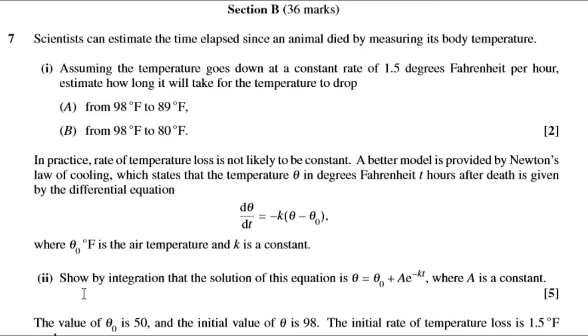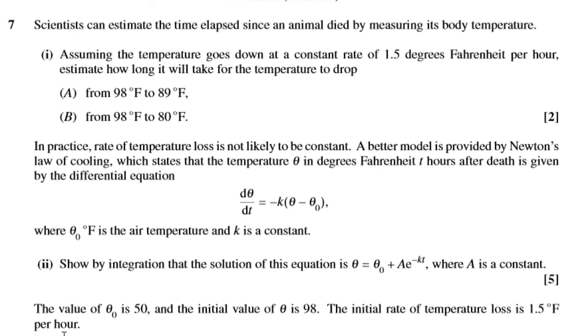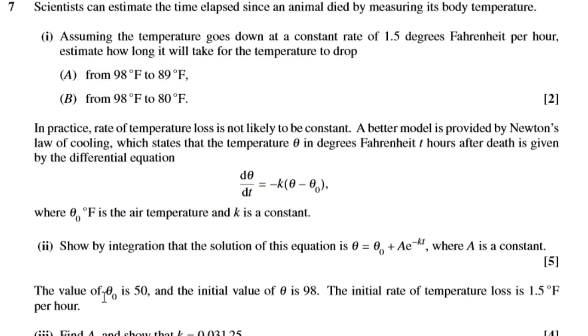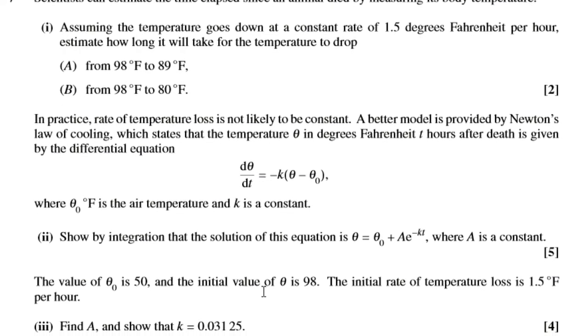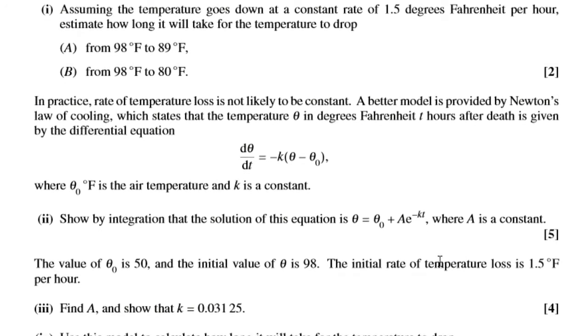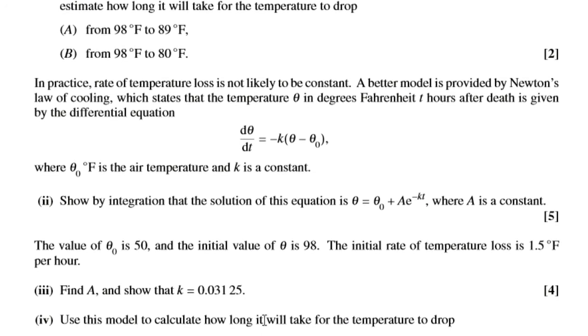And the second bit, show integration of the solution, is that basically you want to find the solution to this differential equation using separation of variables. And part 3, find A and show that K is that. By using these initial values, practically you just substitute in all the values that you're given into this and solve a simultaneous equation.